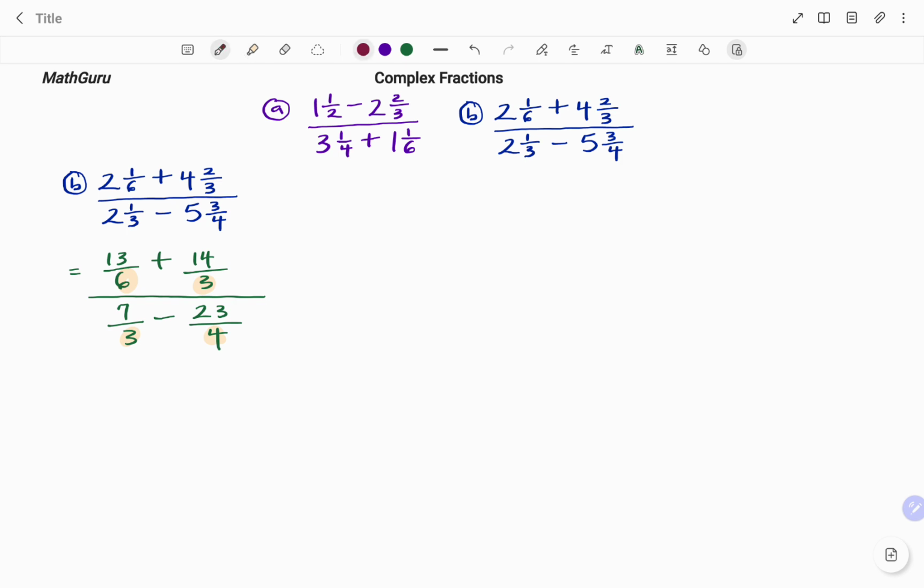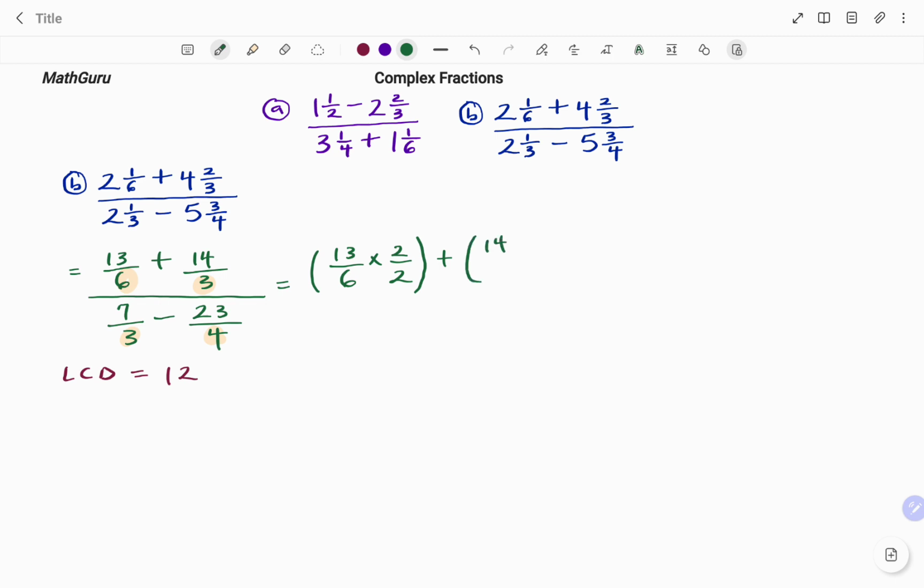The LCD, or the lowest common denominator, for 6, 3, and 4 is also 12. So therefore, I'm going to make each of the terms have a denominator of 12. So starting with the first term, I have 13 over 6 times, to make 6 into 12, I'll multiply by 2, and whatever you do at the top, you do at the bottom.